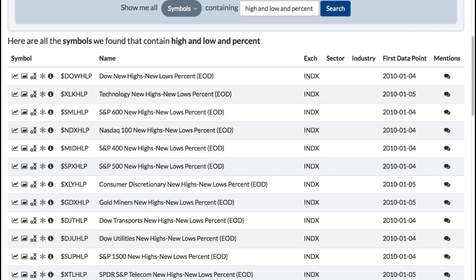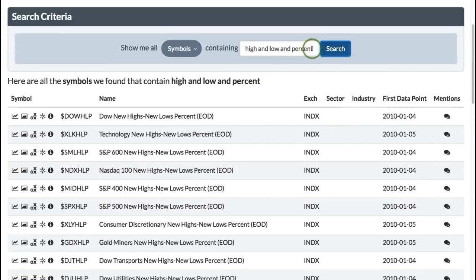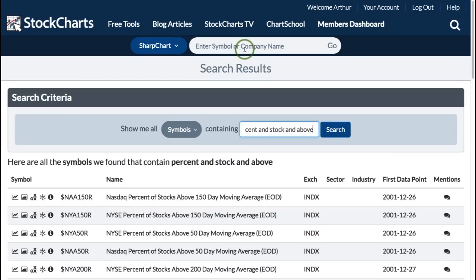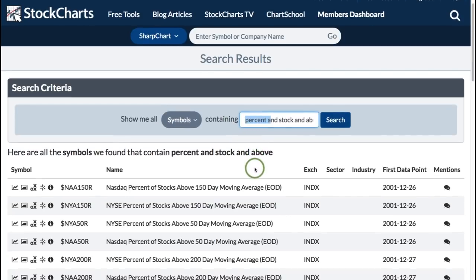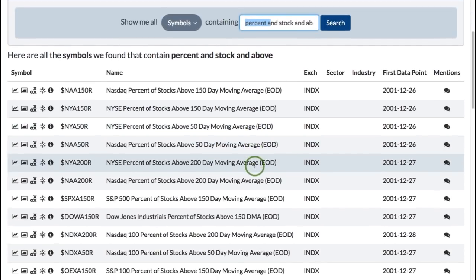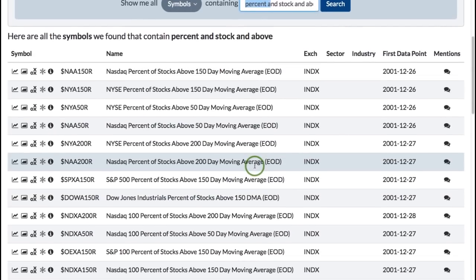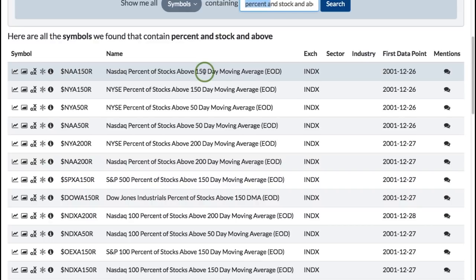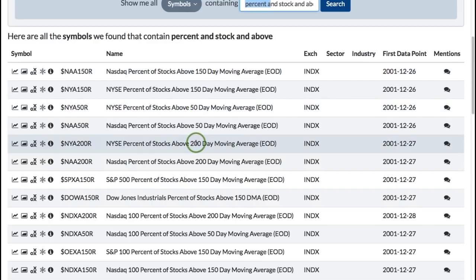And then the other one I'm going to look for, it's a bit trickier. And remember, I'm using this terminology to separate because there are a lot of symbols there. And if you can just find one symbol, and then you can search for the terms that match for all the symbols like percent and stock and above, these three terms here, all right, then you're going to get all these indicators that are appropriate. And we've got the percentage of stocks above the 150-day EMA, 50-day EMA, 200-day EMA.